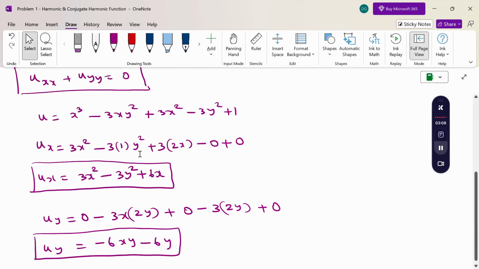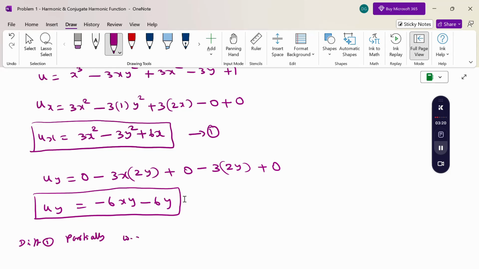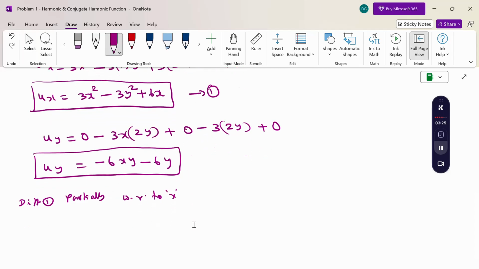Now differentiate equation 1 again partially with respect to x, giving uxx. The derivative of 3x square is 6x, minus 3y square constant 0, plus 6x derivative 1. Therefore, uxx equals 6x plus 6.